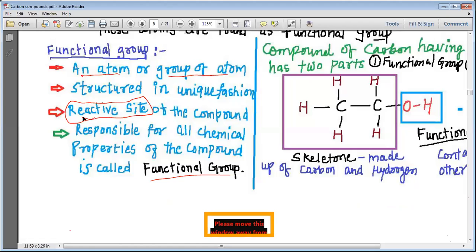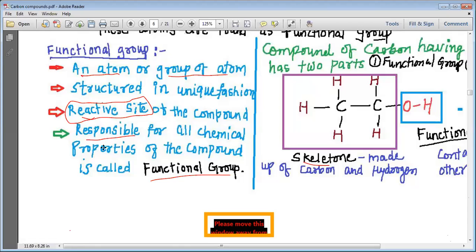Whenever any chemical reaction takes place, it takes place only on the functional group, not on the other part which is known as the skeleton. We'll study about that. So reaction takes place on the functional group only. That is why it is known as the reactive site of the compound.